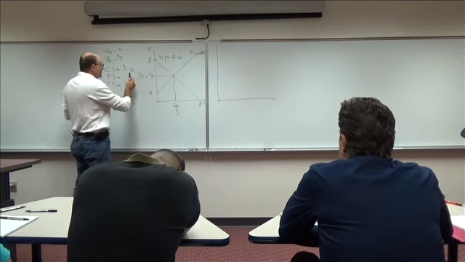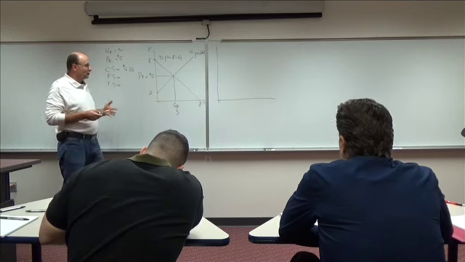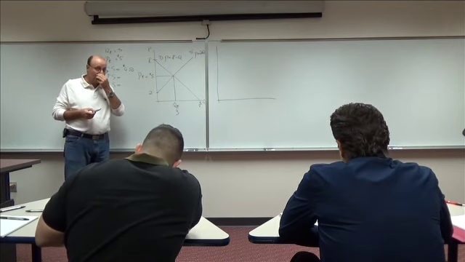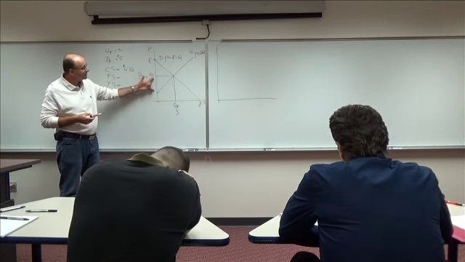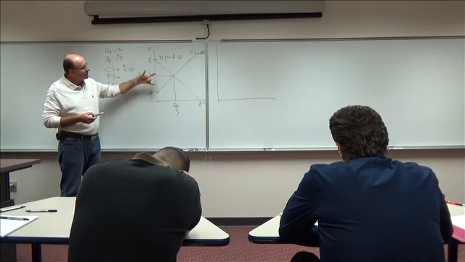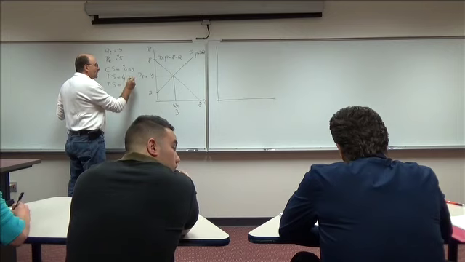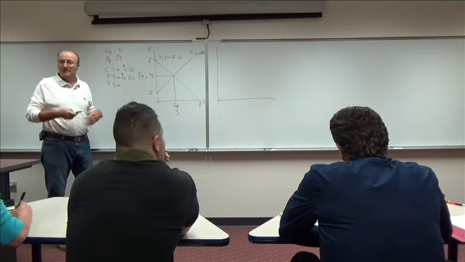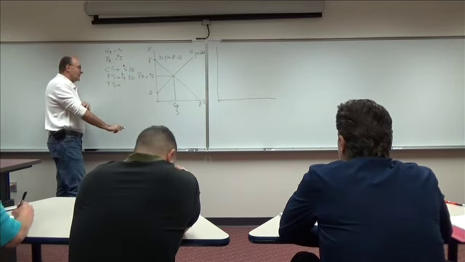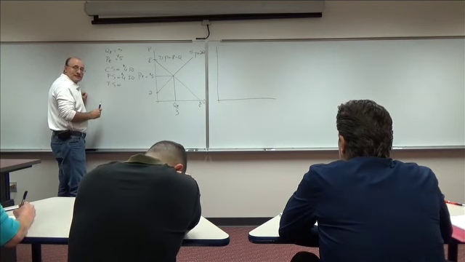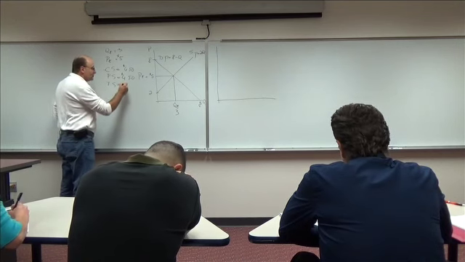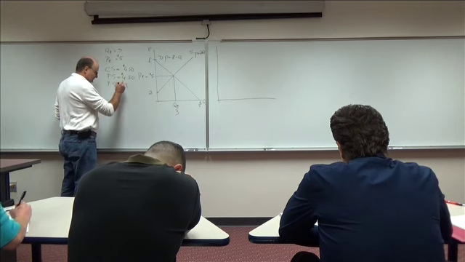So, consumer surplus $4.50. Producer surplus, how do we measure it? Bottom triangle. How tall is it? 3. 3 times 3 divided by 2, 4.50, right? See, it's quick, it's easy. Total surplus is the sum of the two, $9.